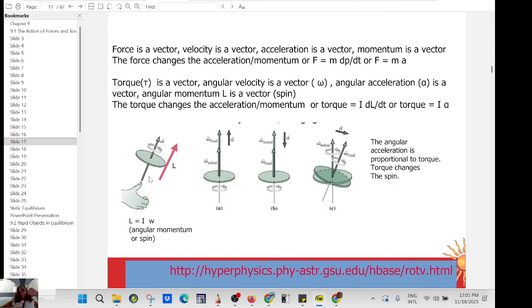You can make it go faster because you're applying a torque. You can slow down, just let friction do its work. Or you can lean to the left, and all of a sudden the wheel will turn on its own. You change the direction of the rotation.